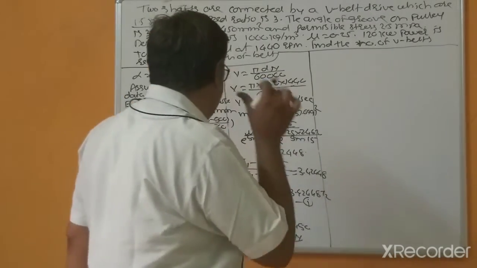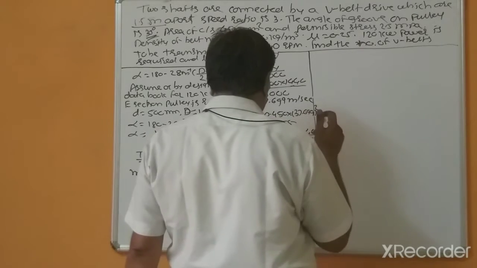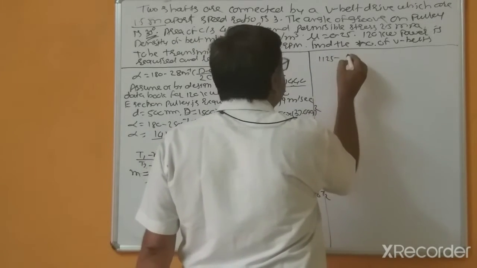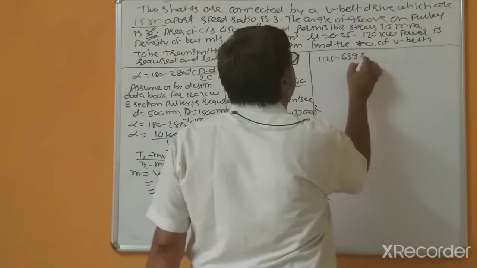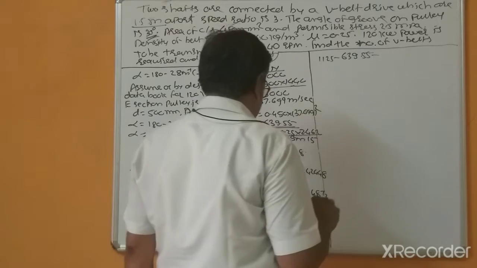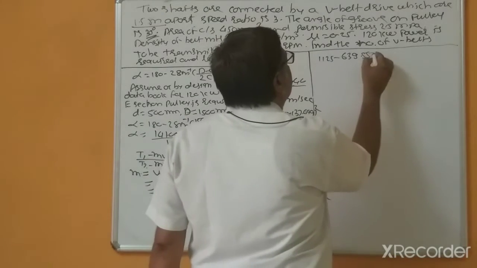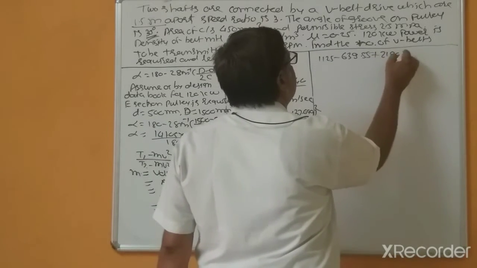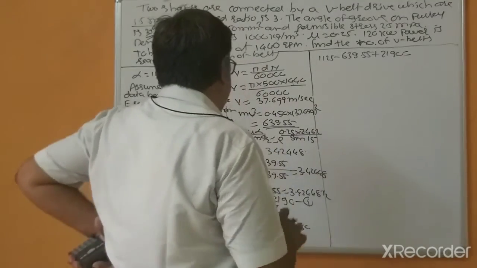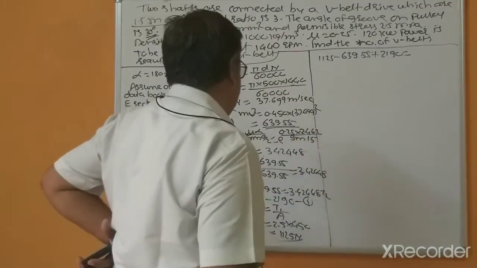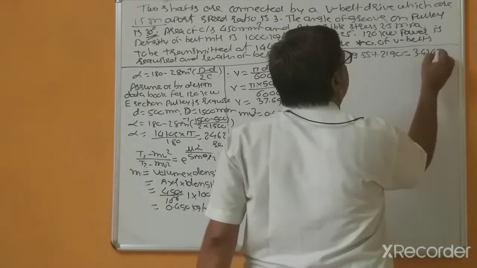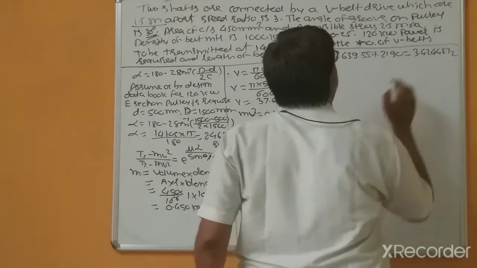Now put the value: 1125 minus 639.55 plus 2190 equal to 3.42448 T2.